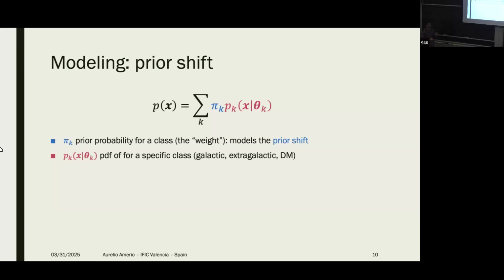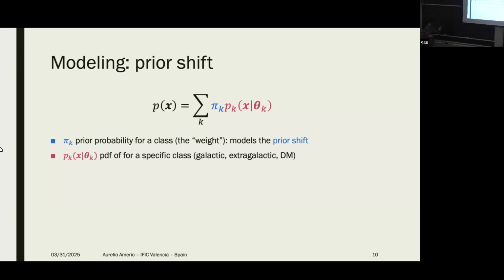We model the probability distribution of the entirety of the unassociated or associated sources as simply a sum of these individual distributions weighted by a prior probability that is basically the fraction of sources that there are. So this would be like 0.8 if 80% are galactic or extragalactic.